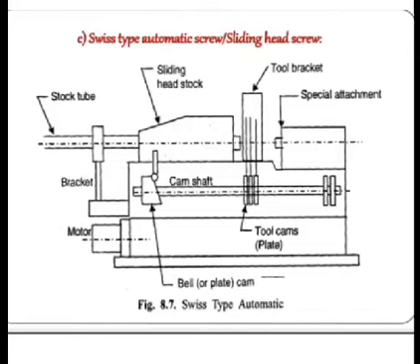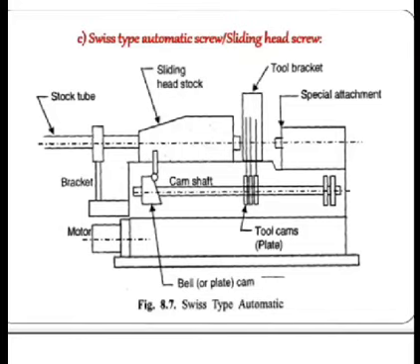Here is the single spindle automat, also called the Swiss type automatic screw machine. This machine is also known as a sliding headstock machine because the headstock is movable and the tools are fixed.